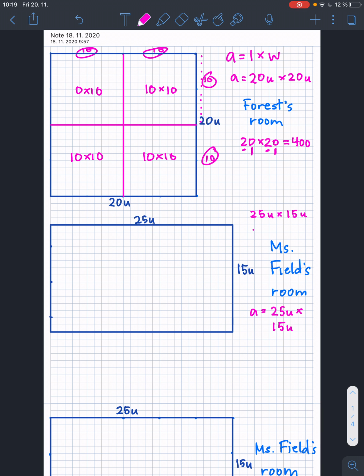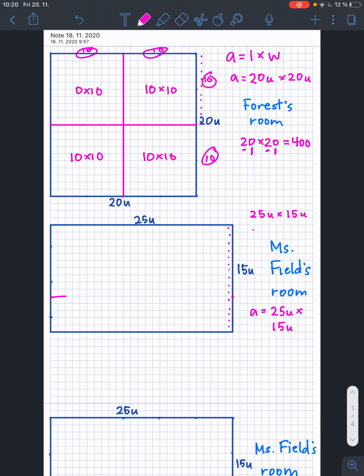Now I've got here 15 rows, 1, 2, 3, 4, 5, 6, 7, 8, 9, 10, and then 1, 2, 3, 4, 5. Each of these rows has 25 square units in it. So I might want to break this up to make it easier to work with.